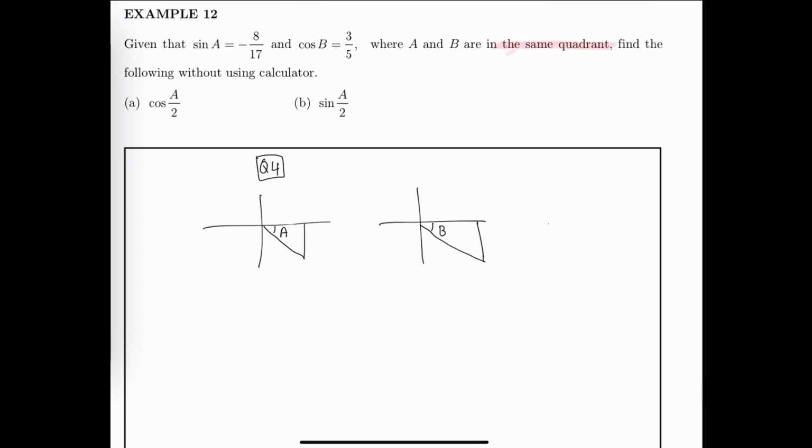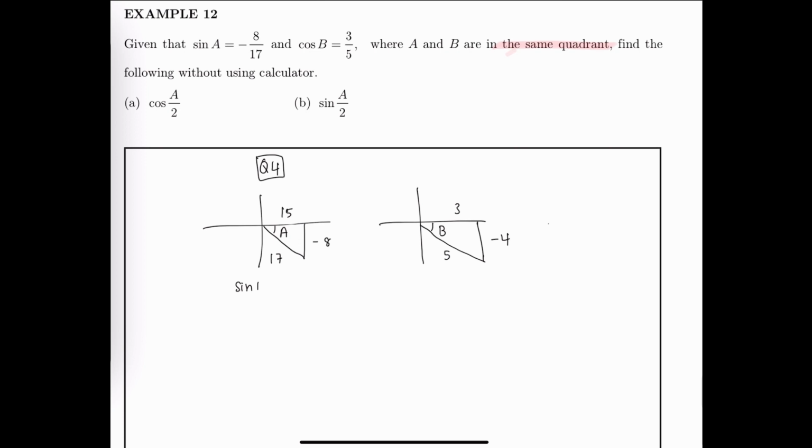So sine A is negative 8 over 17 and cos B is 3 over 5. From Pythagoras theorem, we get the values of 15 over here and negative 4 over here. So let's list down the values that we have.